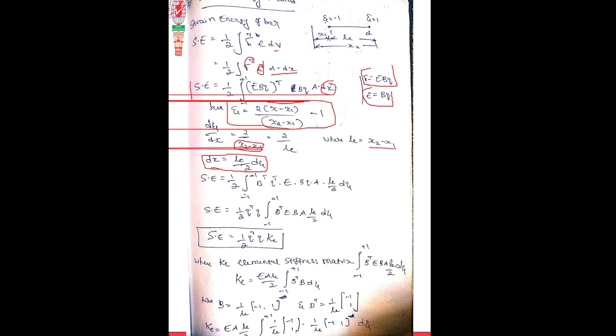Therefore my strain energy becomes half into the integration from minus 1 to plus 1. Here I am expanding this bracket: E B to the power of T, Q to the power of T. E is the material property, Young's modulus, and it does not have any matrix form, so I am not applying transpose to it. Only B and Q are matrices, so the transpose applies only to those. Then B into Q into A into dx, where dx is LE by 2 into d zeta.